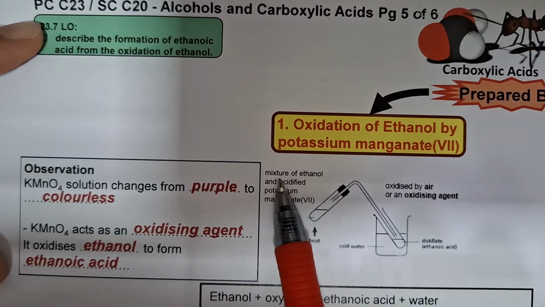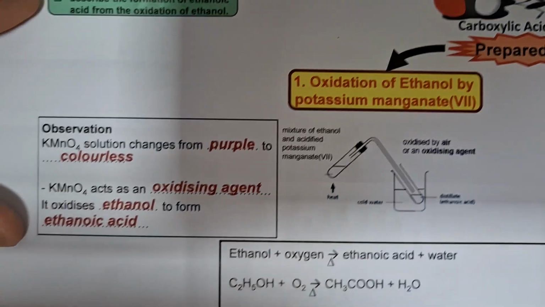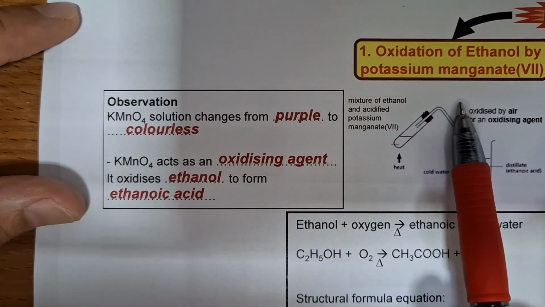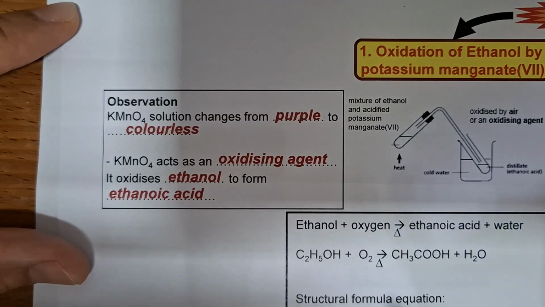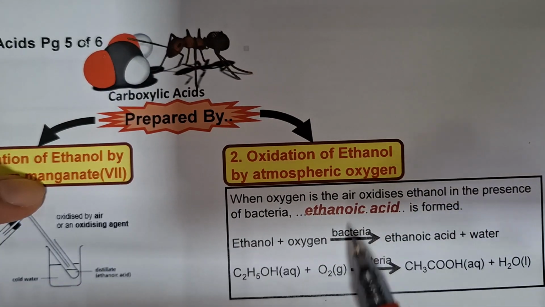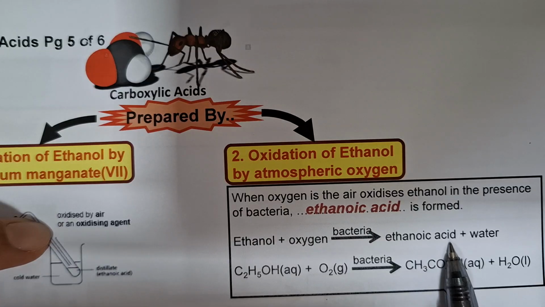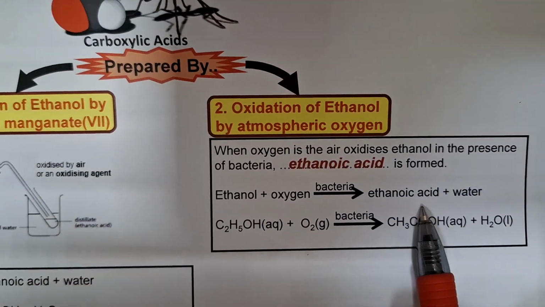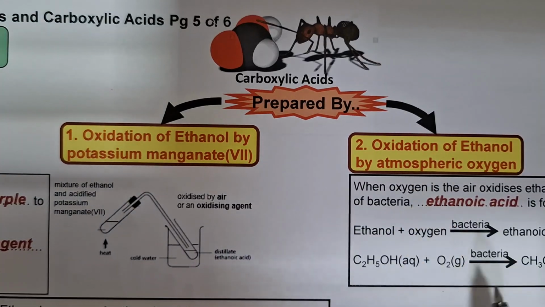So there is an acidified in front here, acidified potassium manganate(VII), which would turn from purple to colorless. And when ethanol is oxidized by atmospheric oxygen, it will be much slower. The carboxylic acid will form much slower compared to this. So this is fast, this is slow.